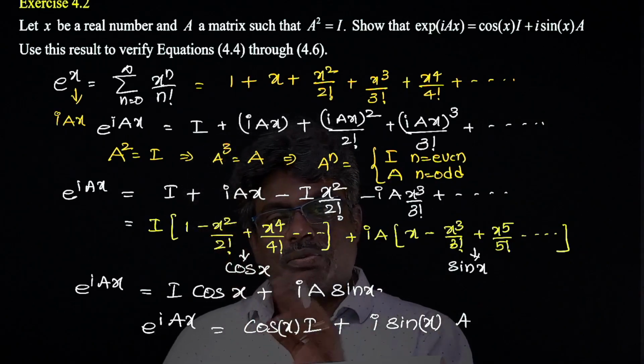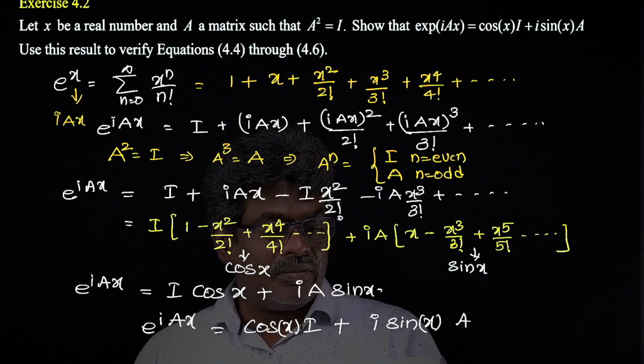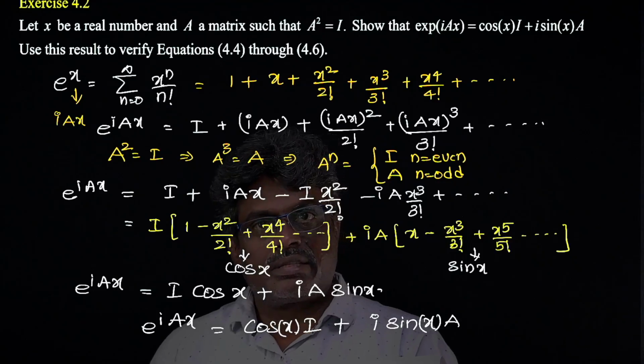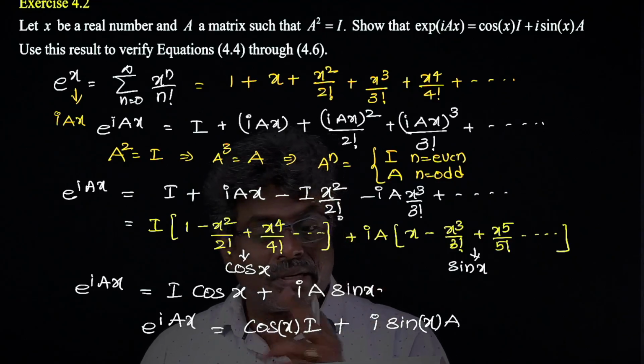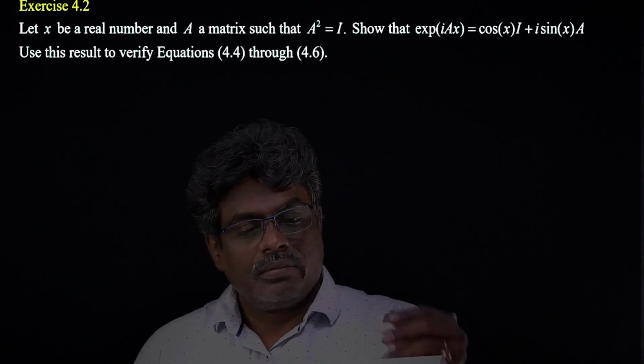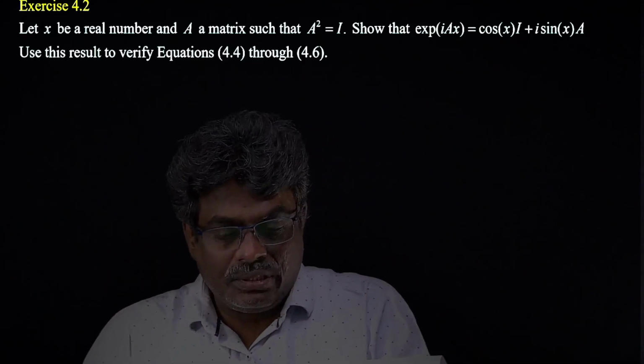We can derive this another way also, that is by using the spectral decomposition. Here we have taken the Maclaurin series. Next, let us take the spectral decomposition. Here we can derive the same thing by using spectral decomposition.